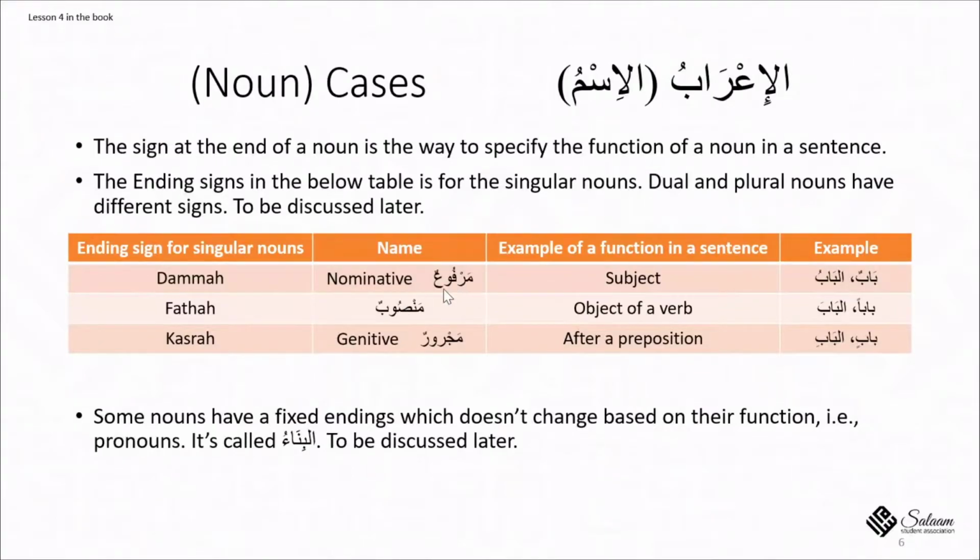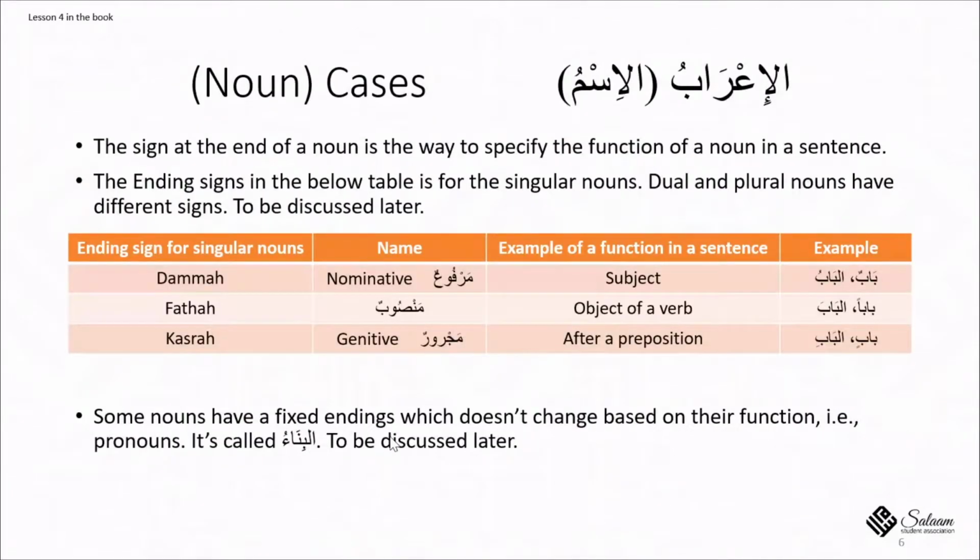You know why I remember this so much? Because we used to have tests with a complete sentence of five or six words, and you have to give a reason why each one of them has this dhamma or fatha or kasra. So the noun in a sentence can have one of these three cases: dhamma, fatha, or kasra. Okay.